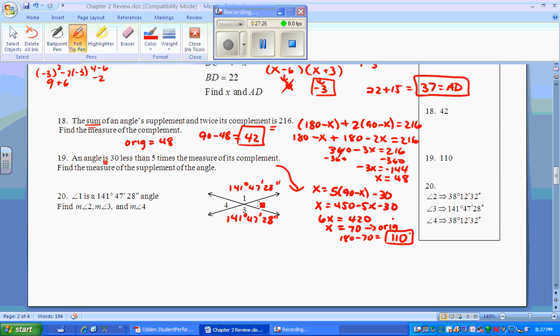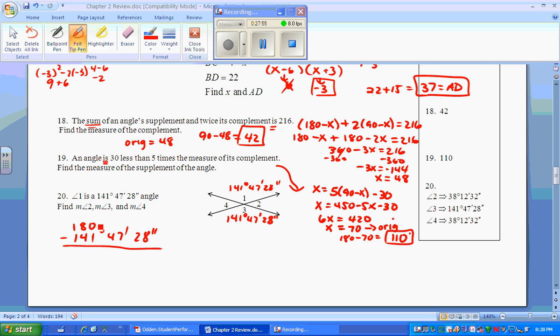But the problem with that is the adjacent angles add to 180. So we'll take 180 and we will subtract 141 degrees, 47 minutes, and 28 seconds.